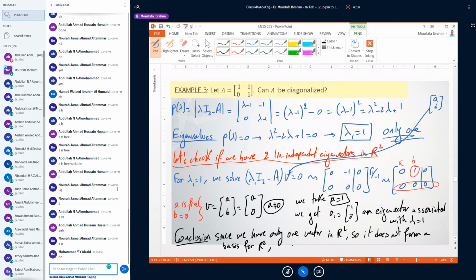So since we don't have a basis, the eigenvectors don't give us a basis, so immediately what do we say? A is not diagonalizable.